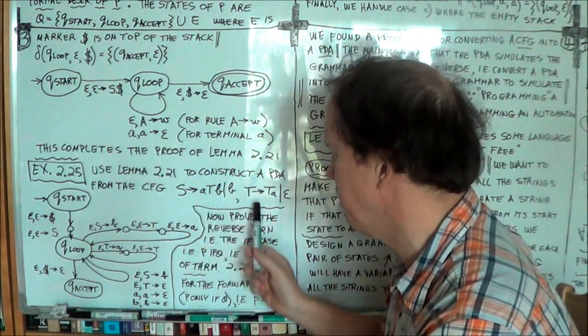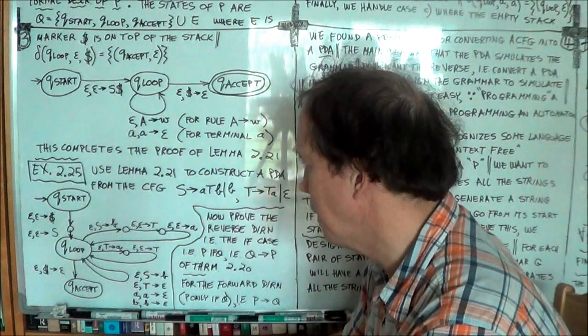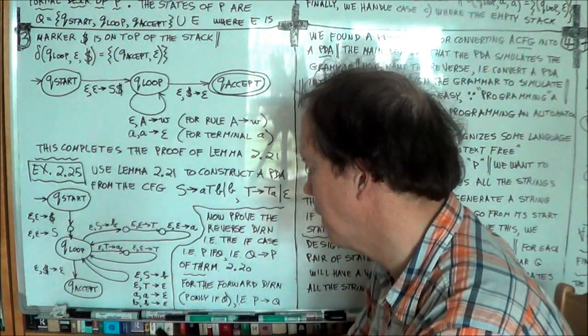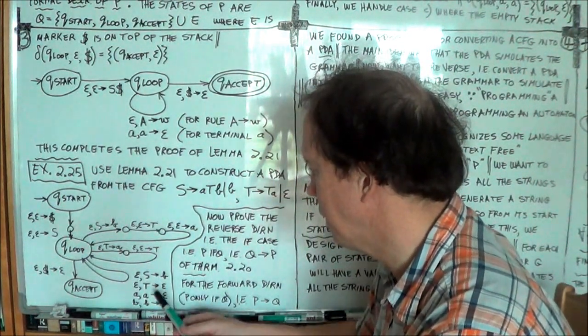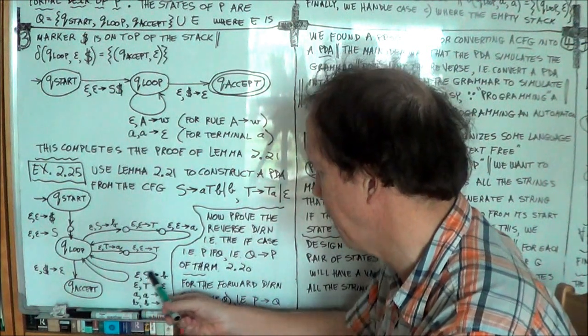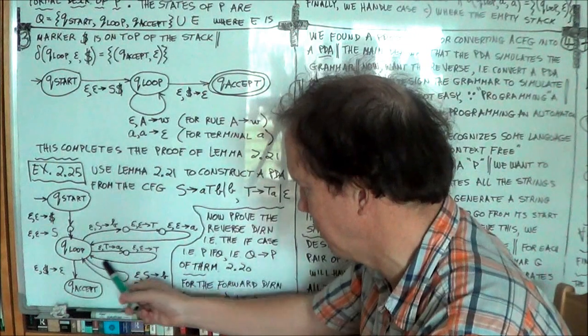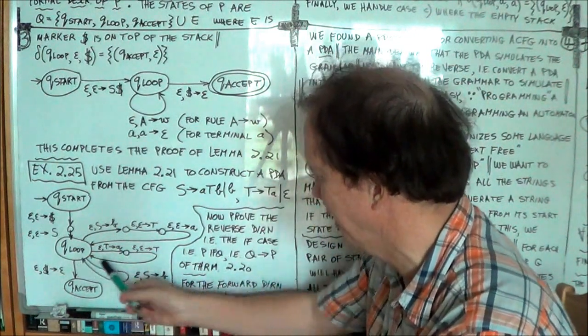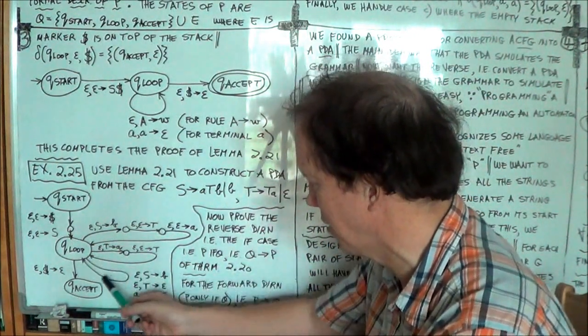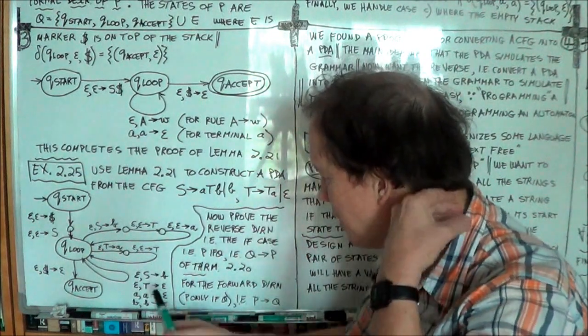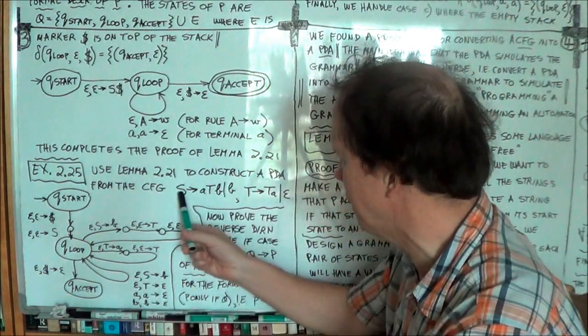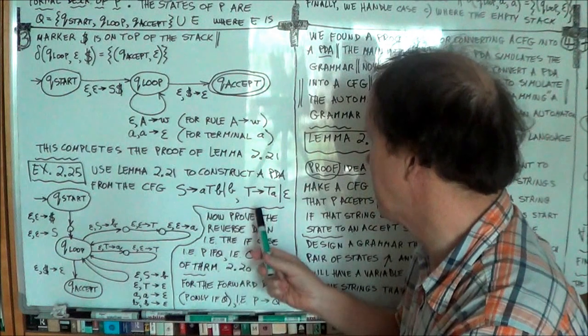Now S arrow B, that's this one here. Actually, you've got many loops here. So this one corresponds to S arrow B. All right.